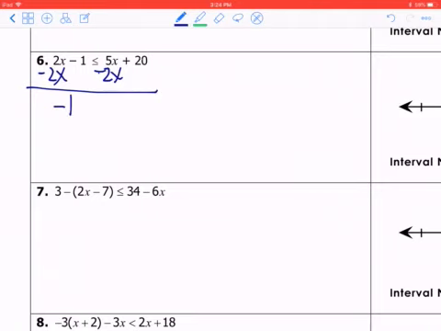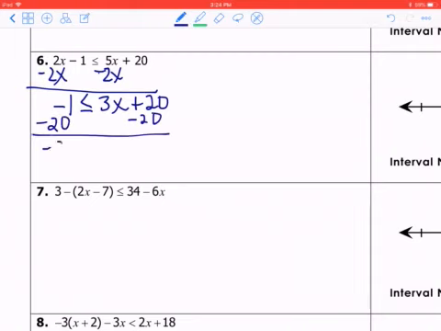So I have negative 1 is less than or equal to 3x plus 20. Okay. From here, I'm going to subtract 20. So I have negative 21. Last step is to divide by 3.